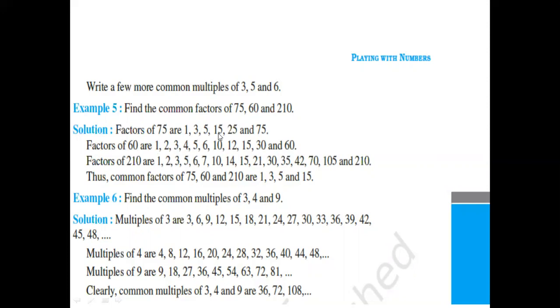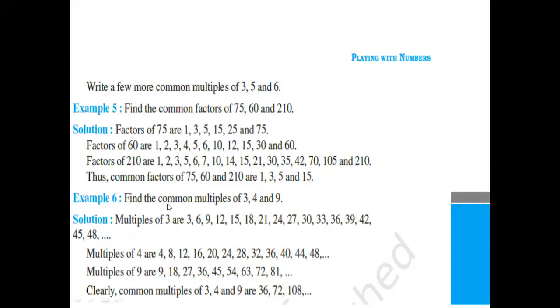The next common factor is 15. You can see 15 in 75. You can see 15 in 60 because 15 fours are 60. And next you can see 15 in 210 also. So these are the common factors. Apart from this, you won't get 25 or 75 in the other two numbers. So you have found the common factors.